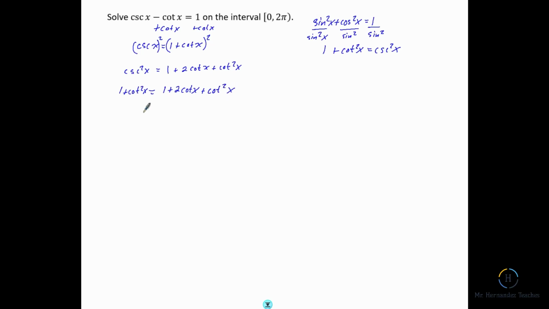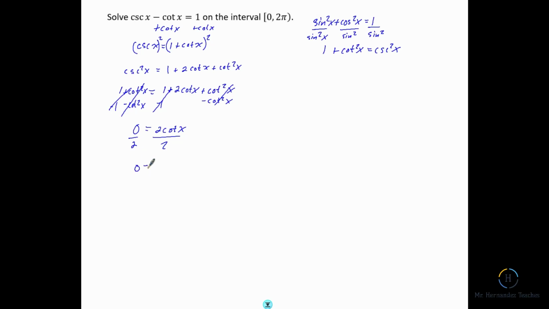Well, let's see what happens here. I can subtract 1, and then I can subtract cotangent squared x. Well, everything ends up canceling out. So I'm left with 0 equals 2 cotangent x. And then I could divide both sides by 2 to solve for x.